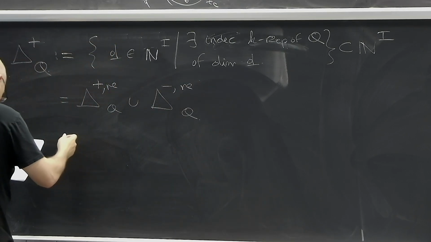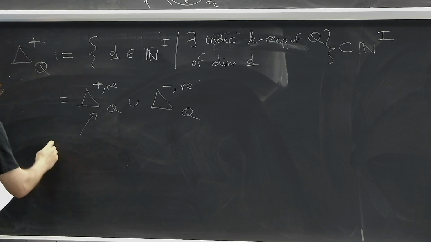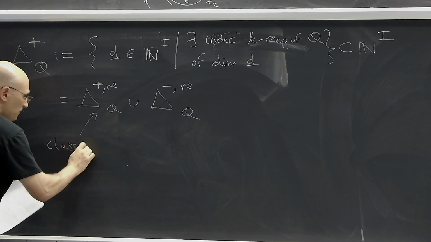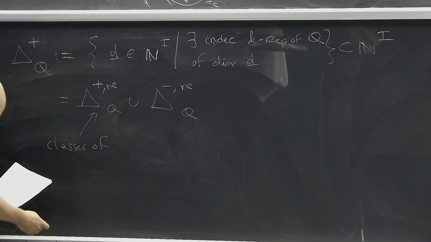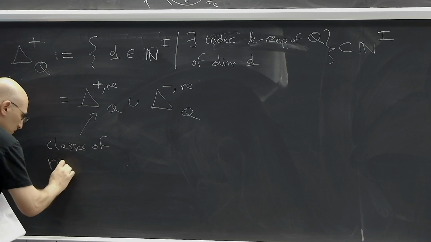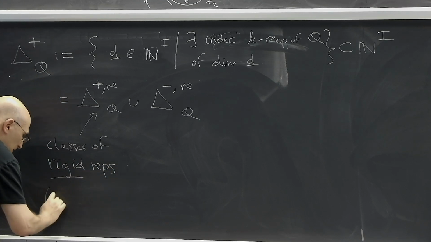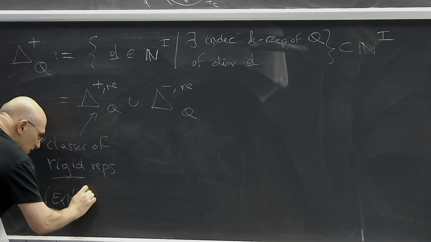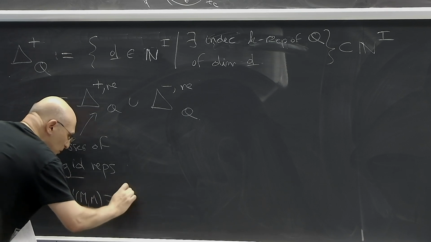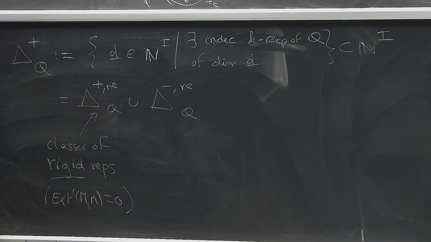And how are these defined? So this is classes of rigid representations. By rigid, I mean Ext^1(M, M) is 0. Okay, representations which you cannot deform.